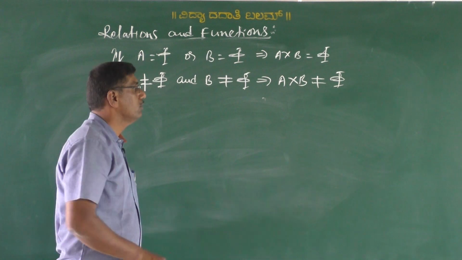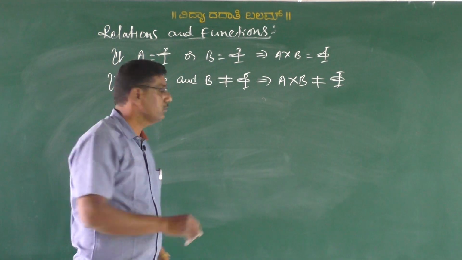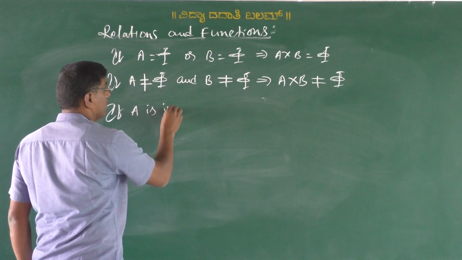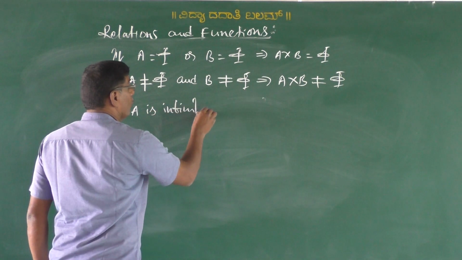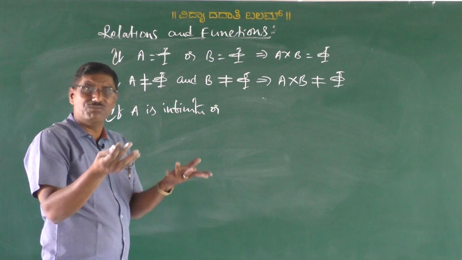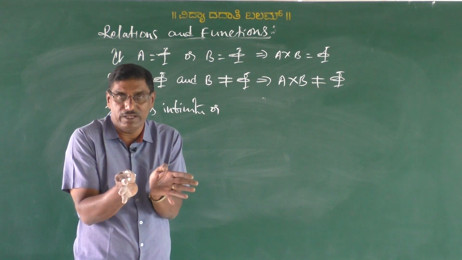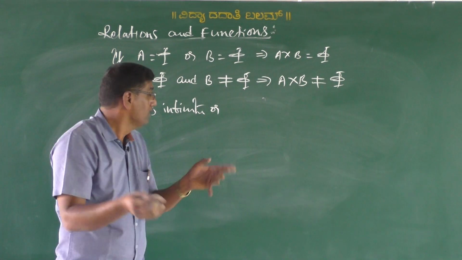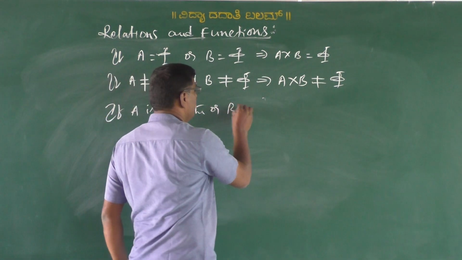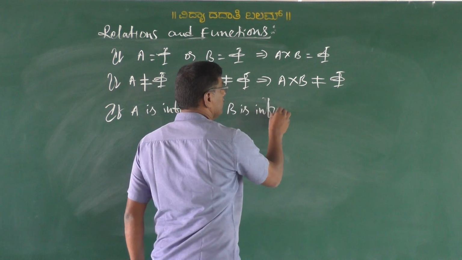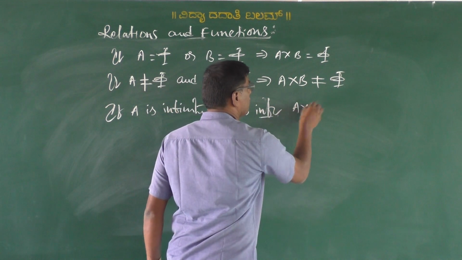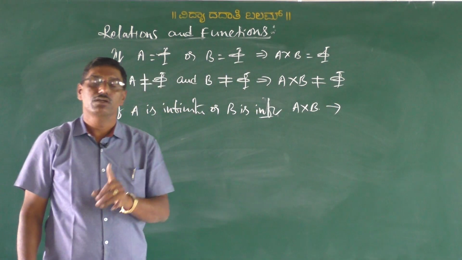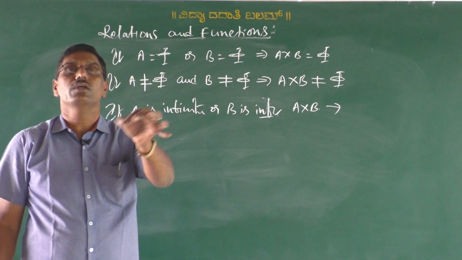Then we get A cross B. That means if A is infinite or B is infinite, any one of the sets is infinite, or both are infinite, that is no doubt, then A cross B is also infinite.